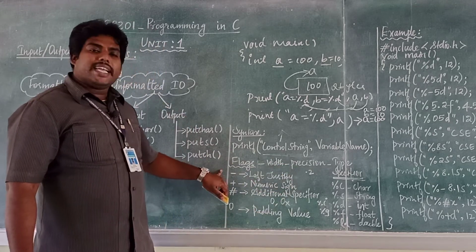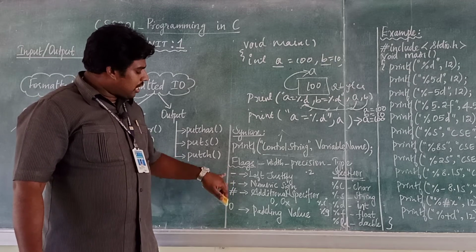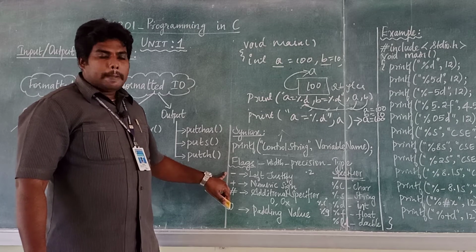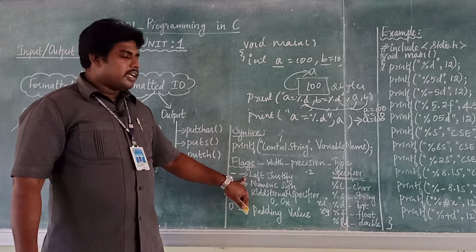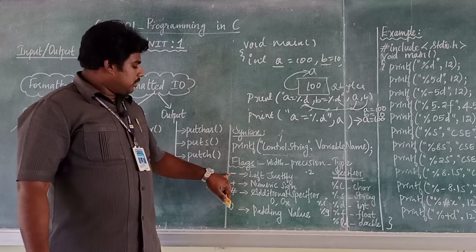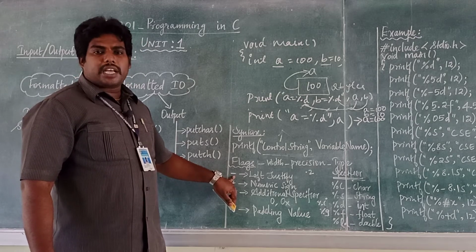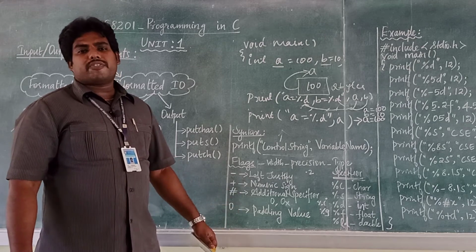So first of all, I will explain the flag. Inside the flags, there are 4 values. The first one is the minus symbol. The minus symbol denotes left justify. I will explain with the program. If you put the minus symbol in the printf statement, it denotes left justify. What is left justify?